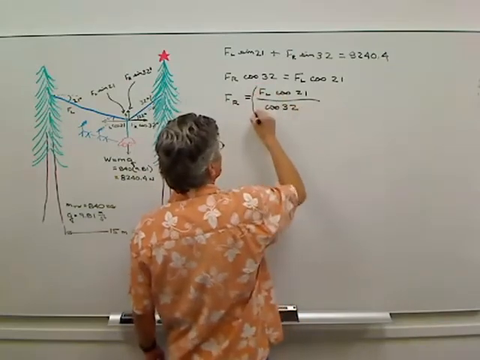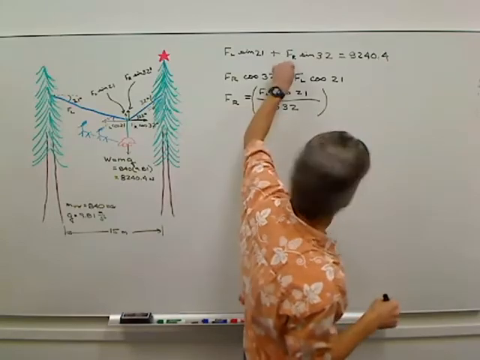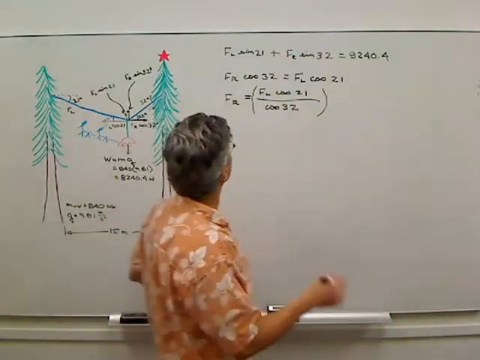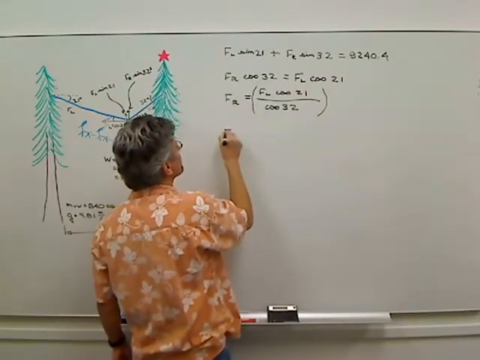And now we have an expression for F sub R that we can stuff in to this equation up here. All right, so let's go ahead and do that. Here's the top equation coming down.